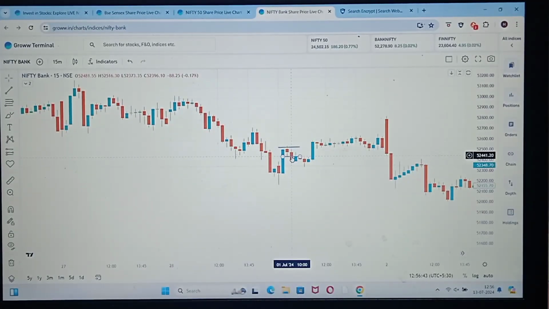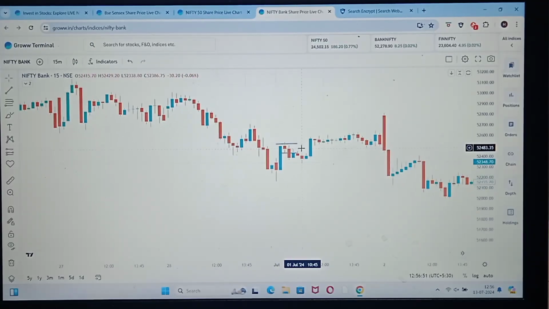And it is giving profit. It has given around 30 points. Then again you can see at around 10:15 am it has again initiated a trade, a bullish candle, 52,535 mark. It has again given a trade of around 30 points.